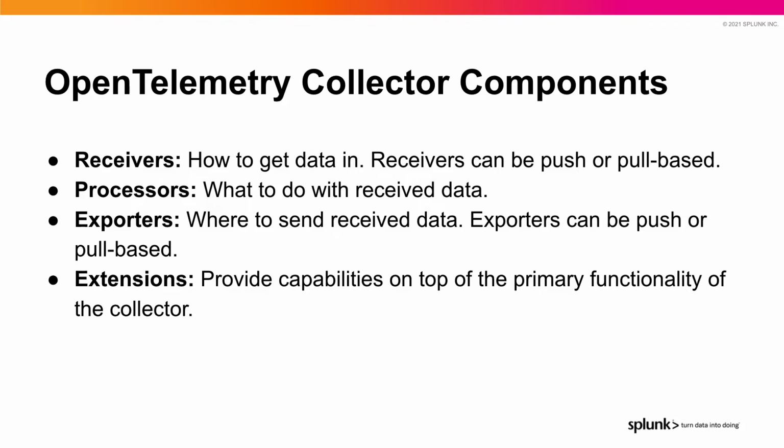Exporters are where we send received data, and exporters can also be push or pull based. And extensions provide capabilities on top of the primary function of the collector. Extensions include things like a health checker, just to see if your collector is up and running. Now let's take a look at what a processor can do with received data.